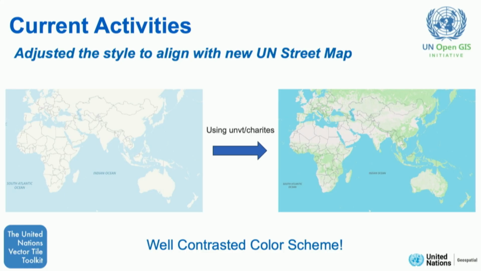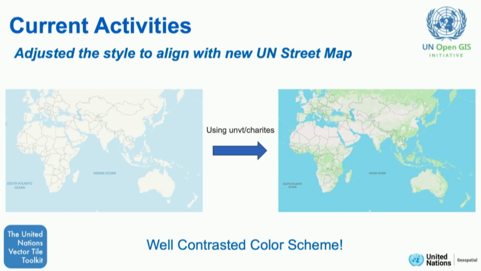I will introduce current activities. In ArcGIS Online, there are two versions of UNStreetMap. It's like a base map. One is created by the S3 system, and the other is produced by UNVT.